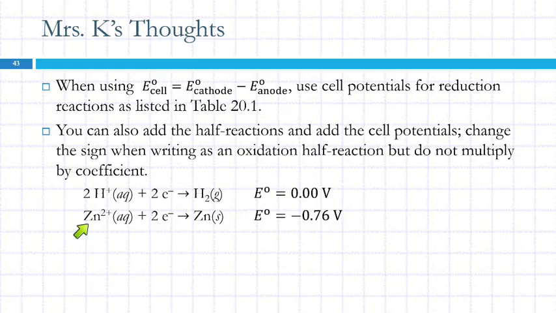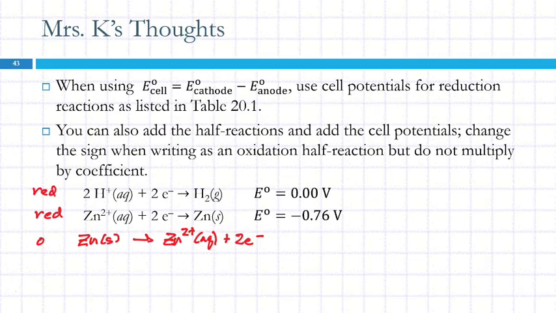So this was an ox and a red cat. This was oxidation. Oxidation is loss of electrons. So this is written as reduction, but what's really happening there is the reverse reaction. So this is reduction, this is reduction, this is oxidation. So when I change the direction, I change the sign.